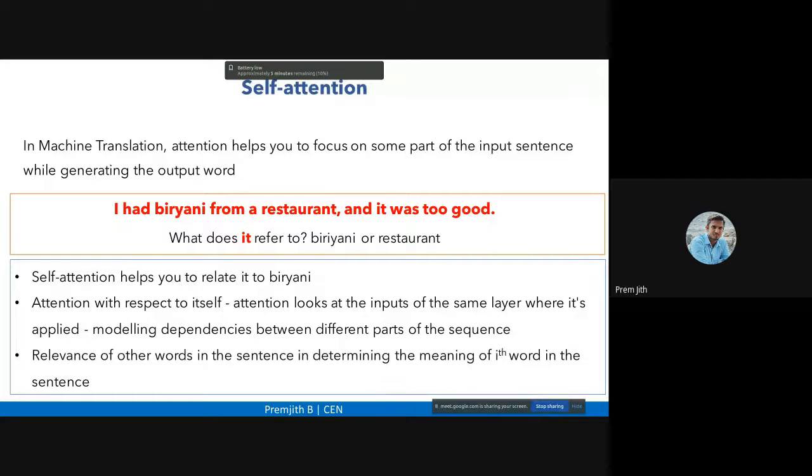So there comes the importance of the attention mechanism, because with its help it is possible to focus on the word biryani when the word "it" comes. Self-attention is also known as attention with respect to itself. Attention also gives you the importance of the ith word in generating the target word. So that is self-attention.